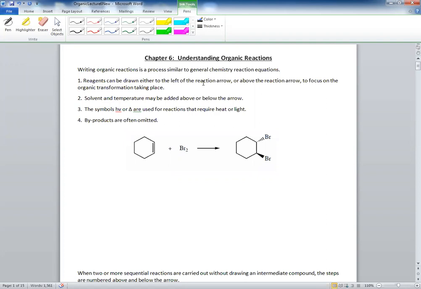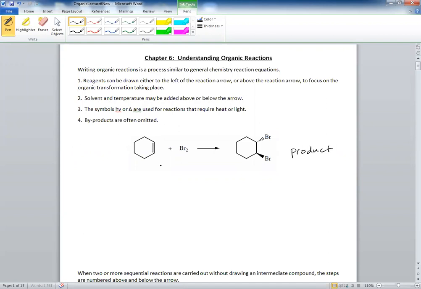It's a similar process to general chemistry equations. There are, of course, some differences. So here's an organic reaction. You have this organic reaction that involves the cyclohexane ring with a double bond and bromine. The one thing to tell you is that we have names for what's on the left and what's on the right. Of course, we'll begin with what you're familiar with. This would be the product.